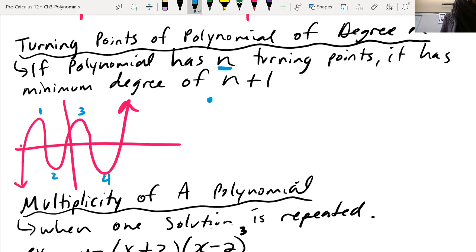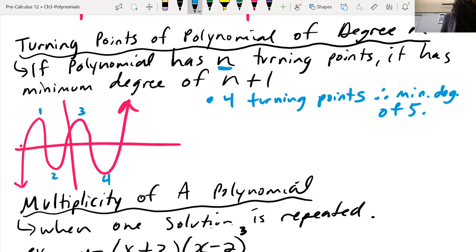So this has 4 turning points. That shows you what I'm talking about. So that means it must have a minimum degree of 5 because it's n plus 1.